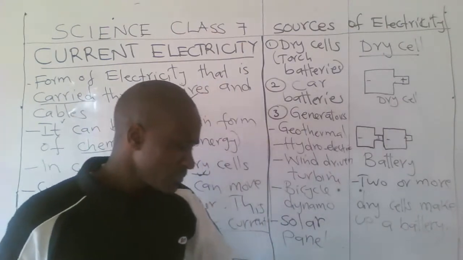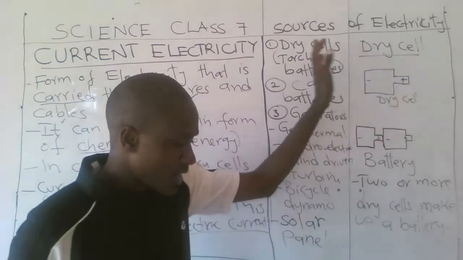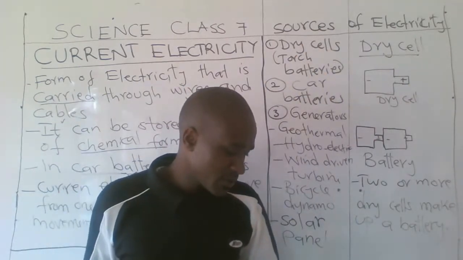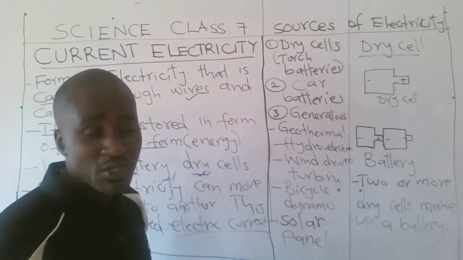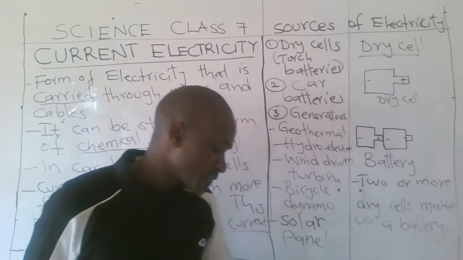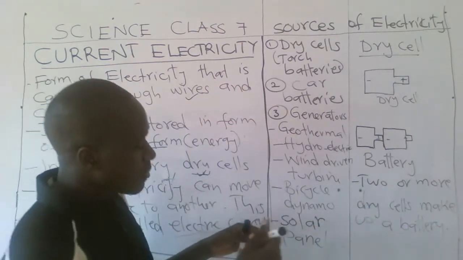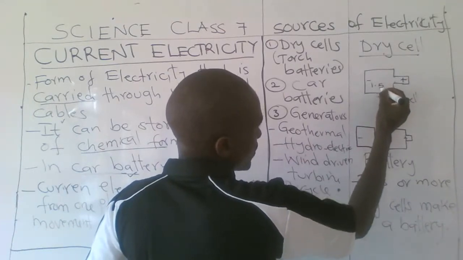And a dry cell, I have also told you, has a positive and a negative terminal. The positive terminal is marked with a plus, while the negative terminal is marked with a minus. Normally, you will realize that each dry cell has a voltage of 1.5.